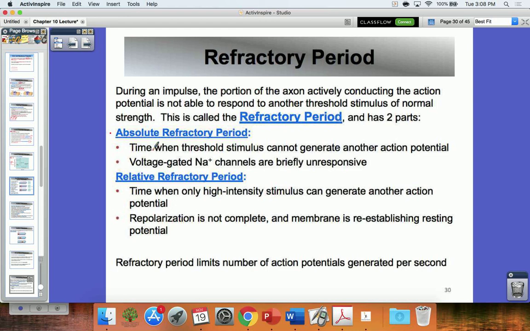Until that action potential has happened, the channels will be slightly unresponsive. And the relative refractory period is the time when a high intensity stimulus, which we were just talking about, if it is high enough, could possibly generate another action potential, especially if the neuron has not repolarized completely.